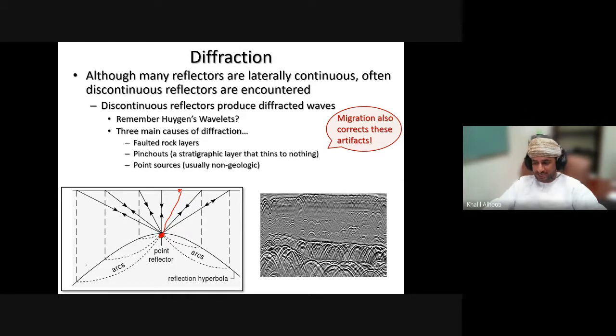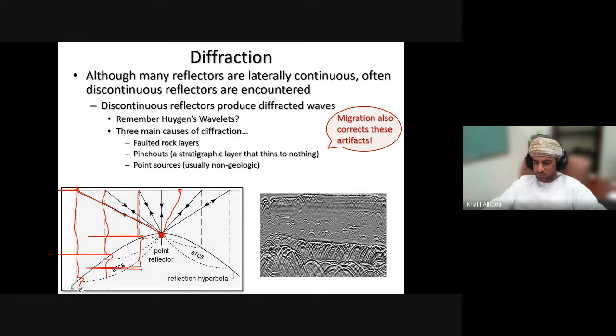So in time sections, because this path is larger, here is a receiver, it will record the reflected energy at later time. And this is a little bit shallower time, and so on.